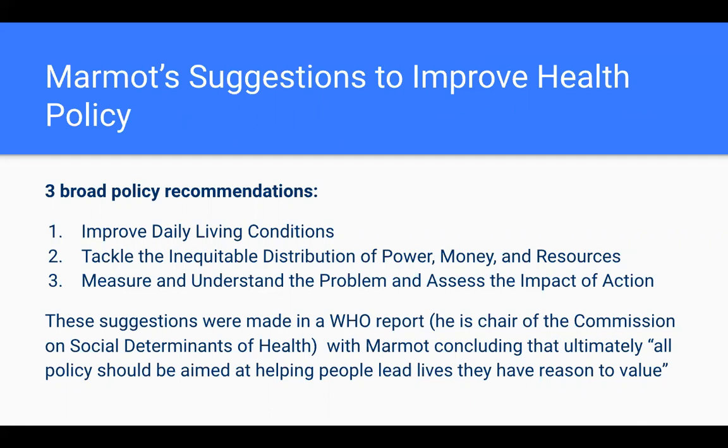You can look at a global organization like the World Health Organization, and how Marmot, who is the chair of the Commission on Social Determinants of Health, made policy recommendations to the organization: improve daily living conditions, tackle the inequitable distribution of power, money, and resources, measure and understand the problem, and assess the impact of action.